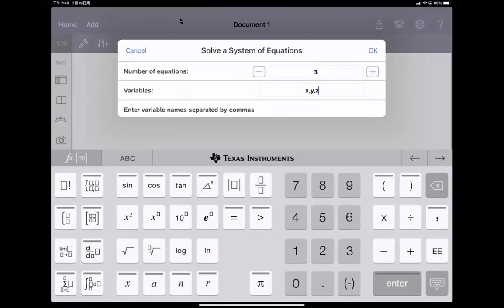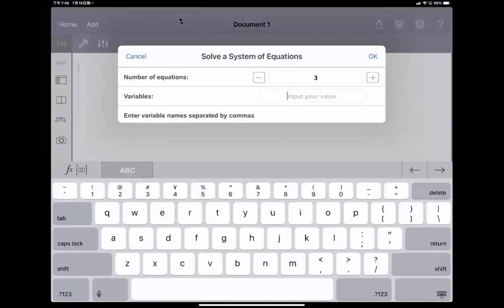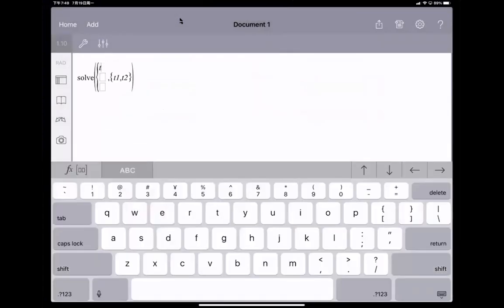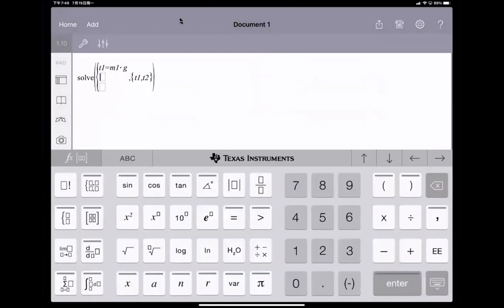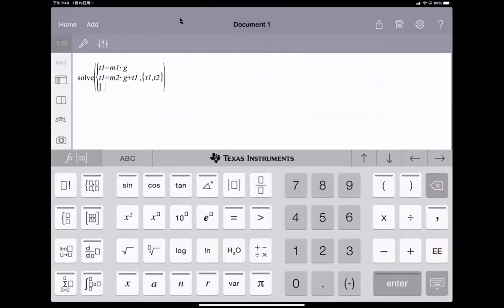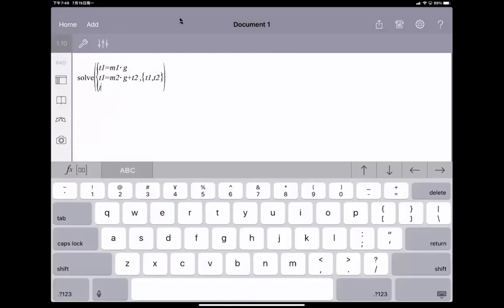We have 3 equations, but we only have 2 variables, T1, T2. Okay, so the first one is tension 1 equals M1 times G. Tension 1 is also equal to M2 times G plus T2. The last one is T2 equals M3 times G.